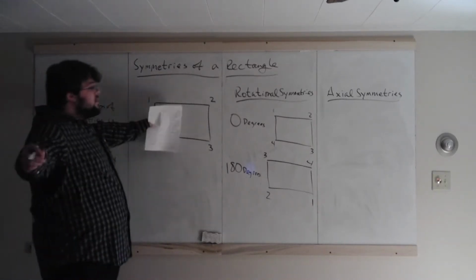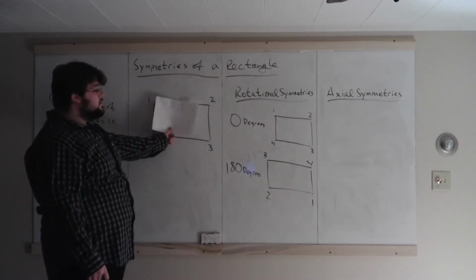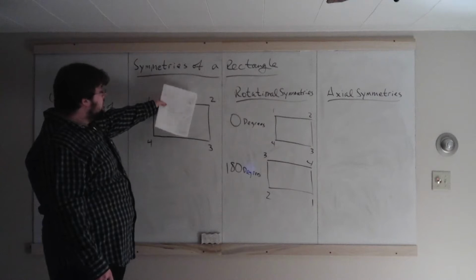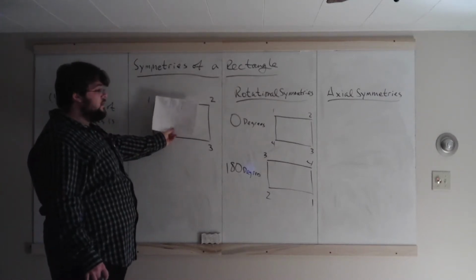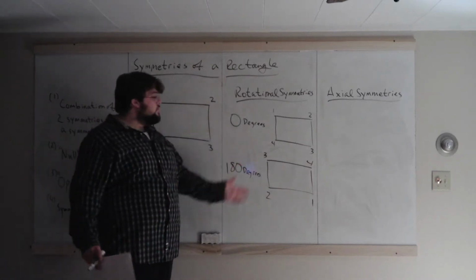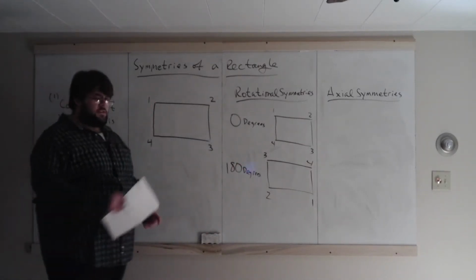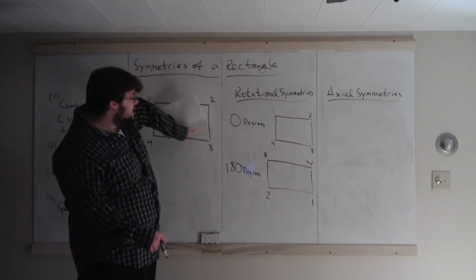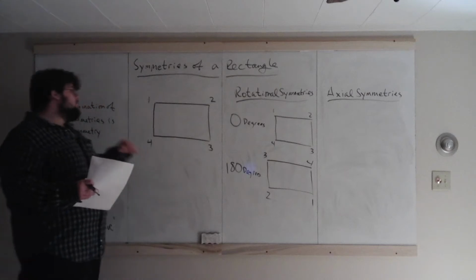So all of these symmetries, we're going to want the rectangle to still look like this. A rectangle pointing up like this will not look like it, but this will. And a 0 degree rotation does that, a 180 degree rotation does that, a 360 degree rotation would also do that. But that would give us the same as 0, so let's leave it as 0.